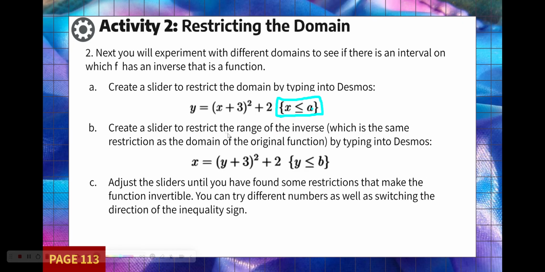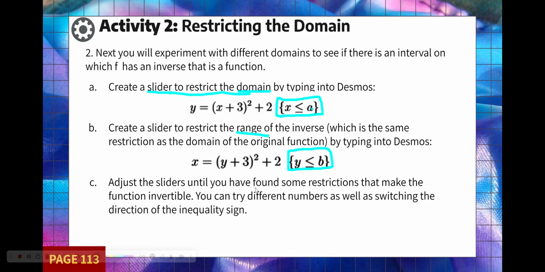Create a slider to restrict the range of the inverse. Again, this is a domain and this is a range. The inverse has the same restrictions as the domain of the original function, by typing into Desmos. As I promised, I'll create a Desmos video for this. Okay? This is what you call a slider: a slider to restrict the domain and a slider to restrict the range.